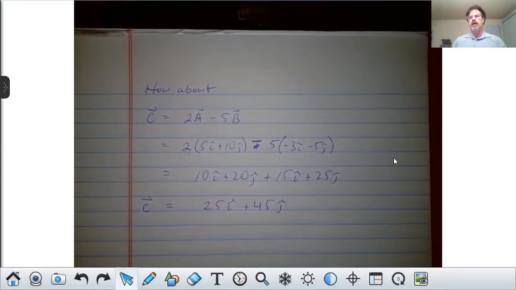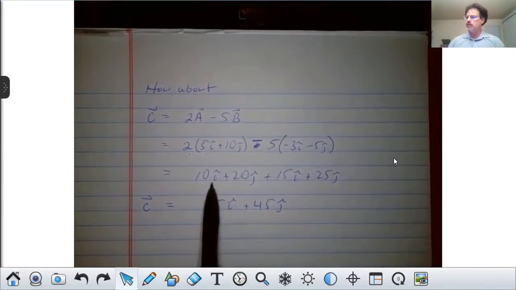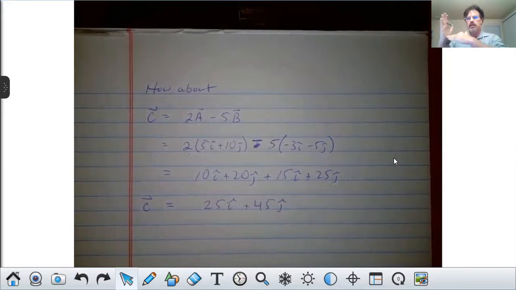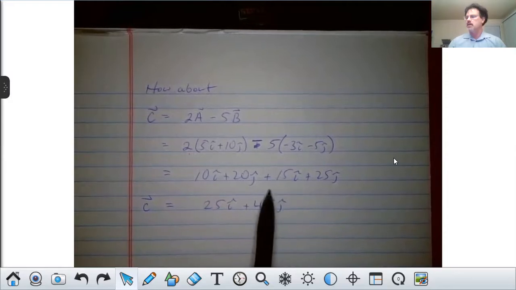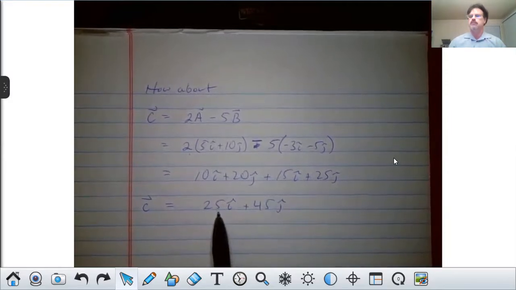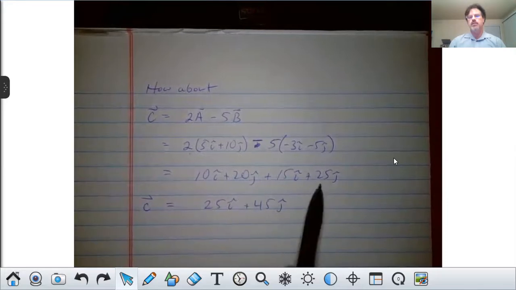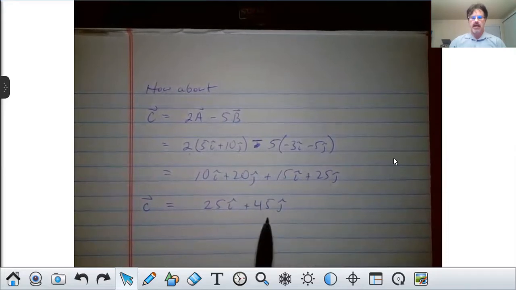Now, one thing to keep in mind, when you do add vectors, you never add the I hat to the j hat. They are perpendicular to one another. They're x and y components. So I'm just going to take my 10I hat plus my 15I hat, and that gives me 25I hat. Add my j or y components together, 20 plus 25, I get 45j hat.